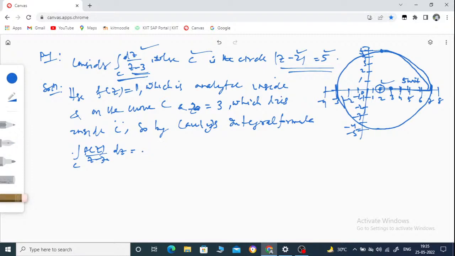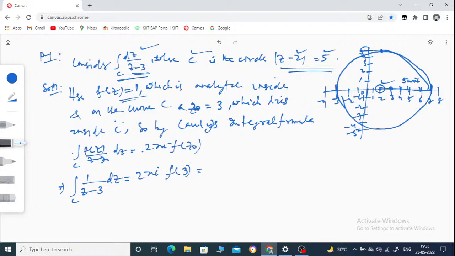If I put this in, f of z is 1 and z naught is 3, this will be 2 pi i f of 3. Since f of z is 1, a constant, f of 3 will also be 1. So this will be 2 pi i into 1, which is 2 pi i. Okay, so this is your answer.